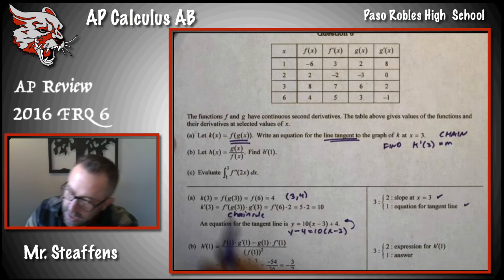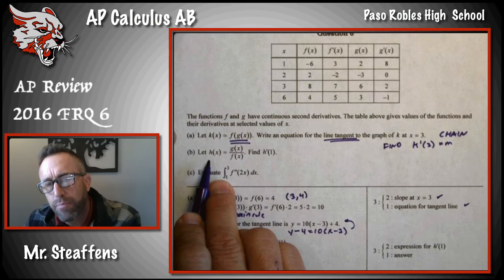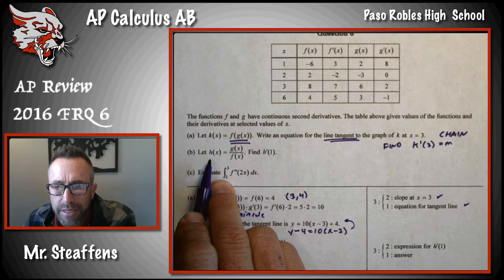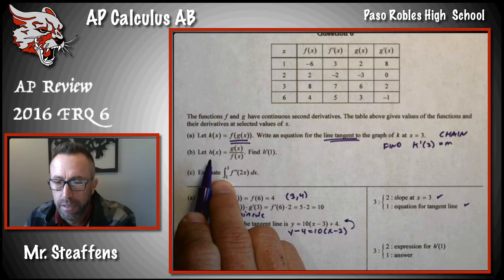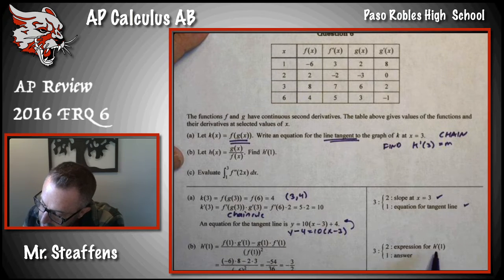All right, second question says h of x is worth this. Find h prime of 1. So I need to find h prime of x. That's going to be worth some points. And then I find h prime of 1. They wrote an expression for h prime of 1.